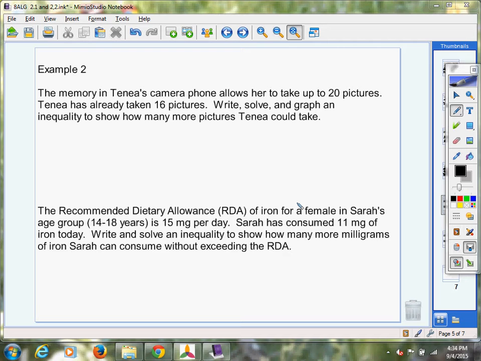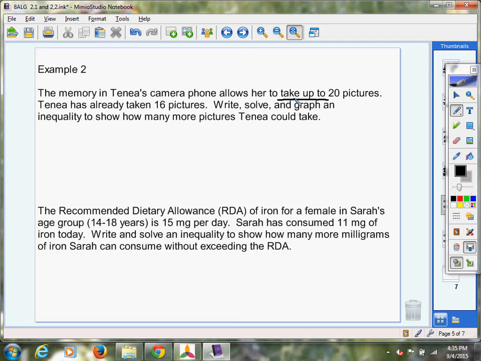Now, if you circled "take up to," you nailed it, because that is exactly the words we're looking for that distinguish between an inequality and an equation. For an equation, we're looking for words like is equal to, equals, the same as, the same amount.